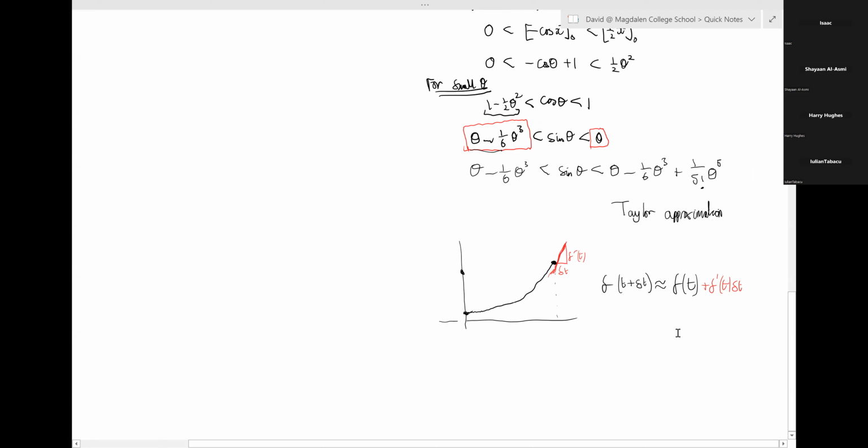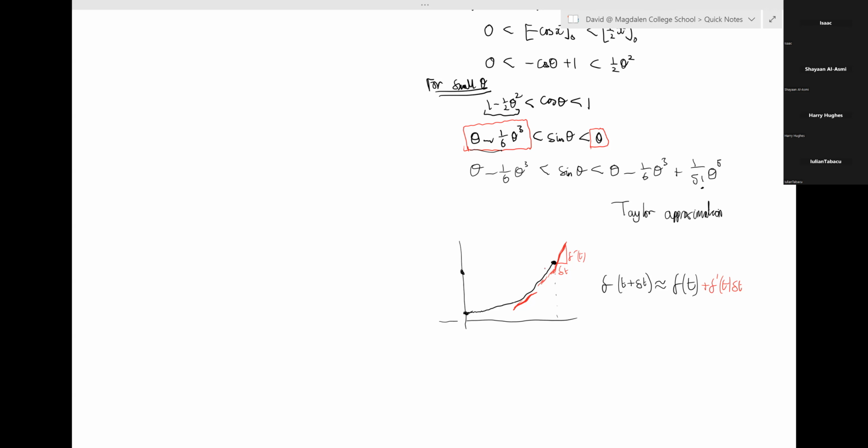But then if you want to take into account the change in the tangent, you can see here, this curve is getting steeper. You could then say, I'm going to factor in the second derivative. I'm now going to assume the second derivative is constant. And then what that means is that the gradient is going to increase and you get this sort of quadratic term. You will probably know this from physics.